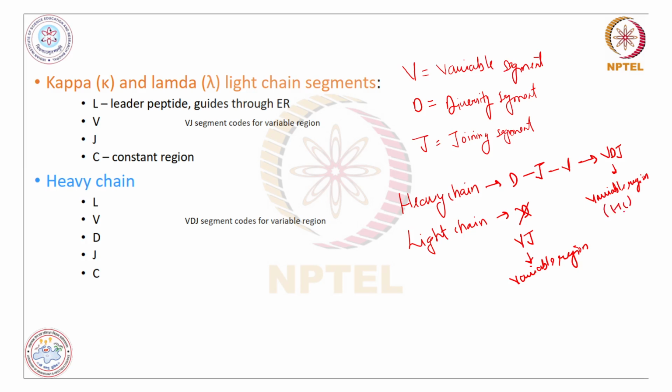Here it will code for the heavy chain, here it will code for the light chain. This will create the antibody diversity before an antigen exposure, so that we can have a different type of antibody produced for a different type of antigen that we encounter.